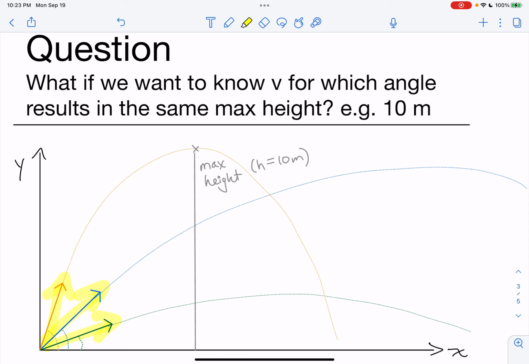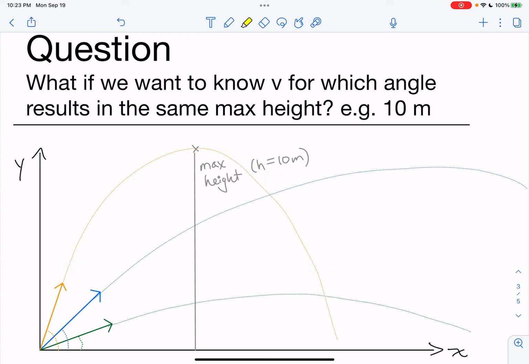Okay, we know that there's going to be a relationship between the angle and the maximum height. If they all had the same launch speed, we're going to have the largest maximum height for whatever has the largest angle. So that'll be the 75 degrees case, because most of that launch speed will be in the y direction, giving us that maximum height.